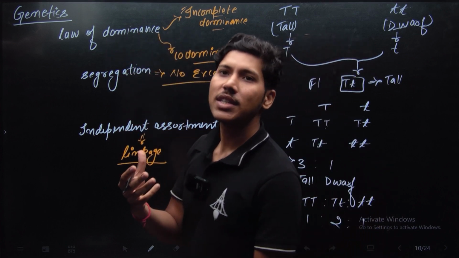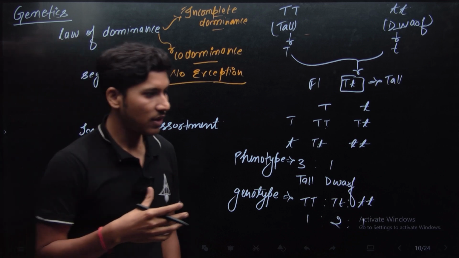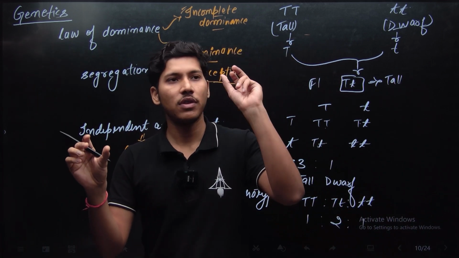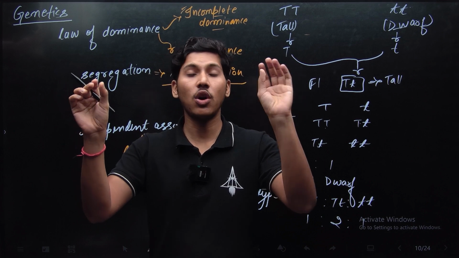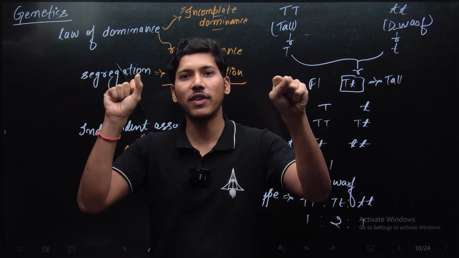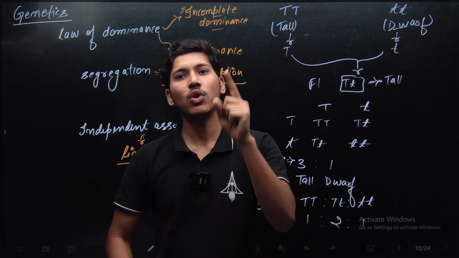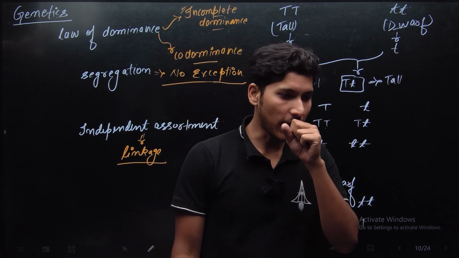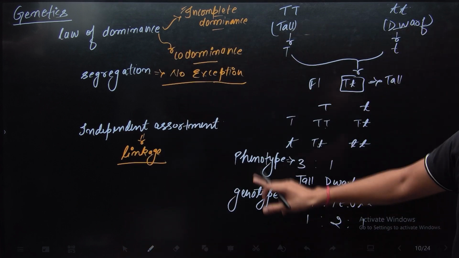Law of dominance says that if we take a pure line of two traits of one characteristic, one dominant and one recessive, then in the F1 only one of the traits will be expressed and that trait will be dominant. Okay. Law of segregation, what does it say?